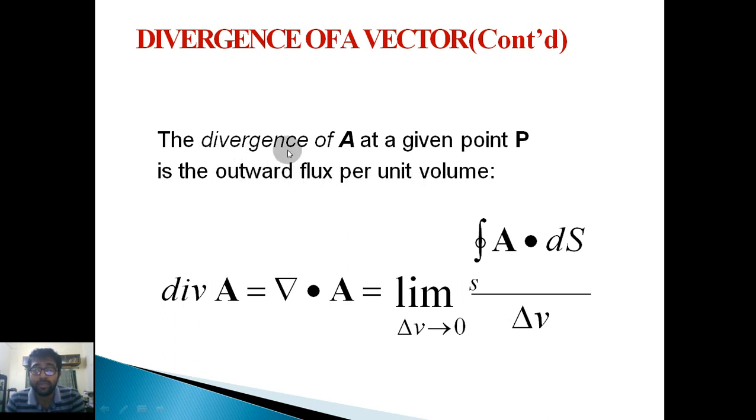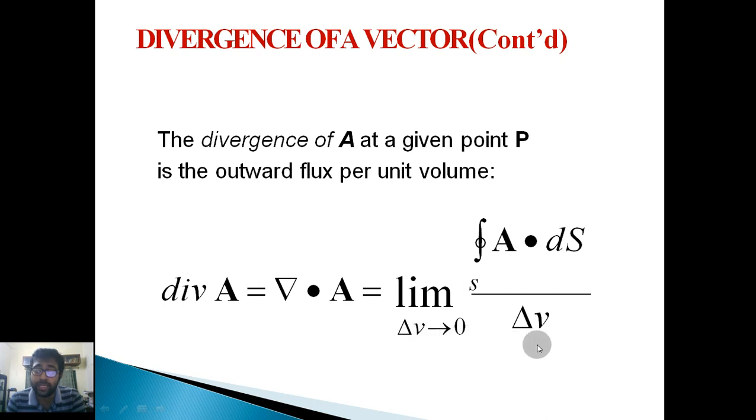So the divergence of A at a given point P is nothing but the outward flux per unit volume, and that has been described using this. Divergence of A can be written as del dot A. A is the vector that is continuous in the surface S or in the volume space V. Del is the del operator, and it has been mathematically represented as this: limit del V tends to 0.